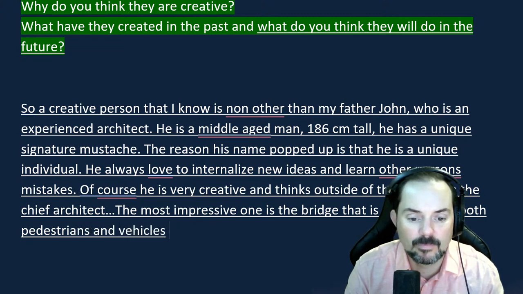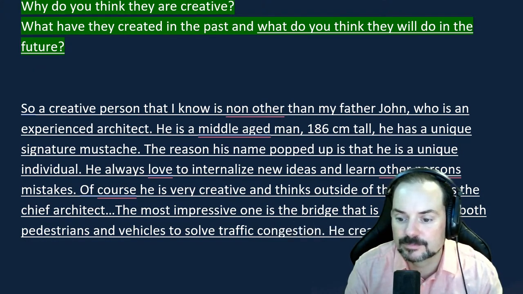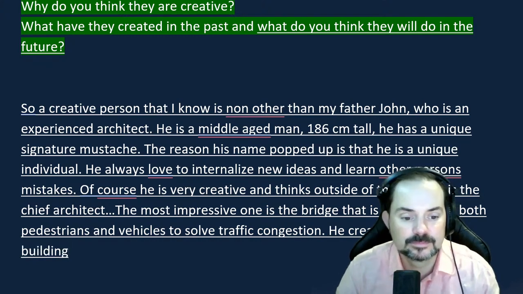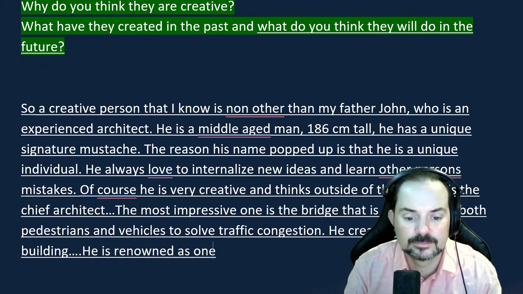He also created a draft on a building that harnessed the power of the sun. And it was renowned as one of the most creative plans, as he had even won an award for it.